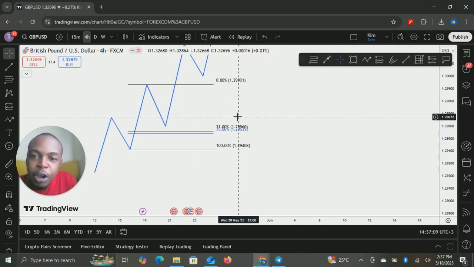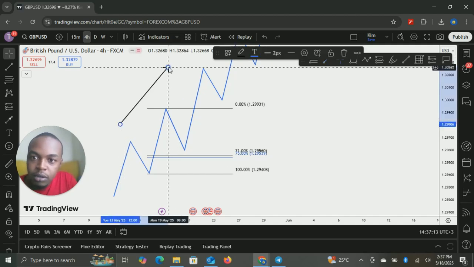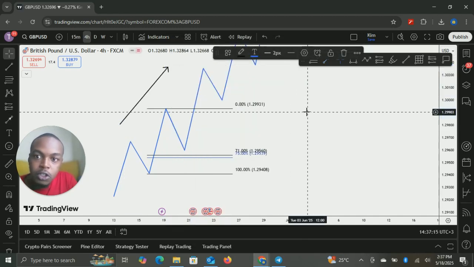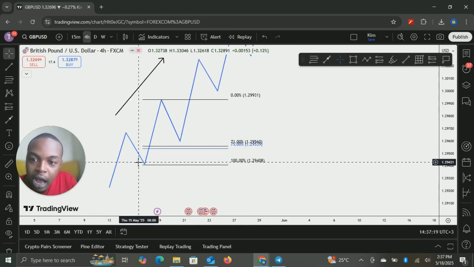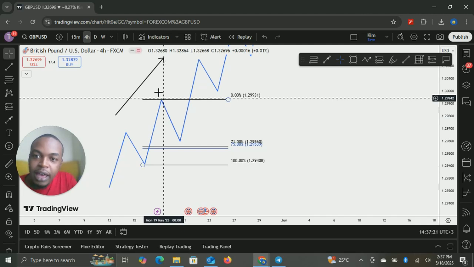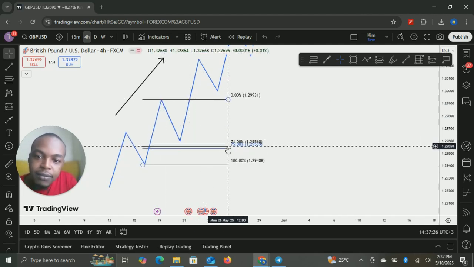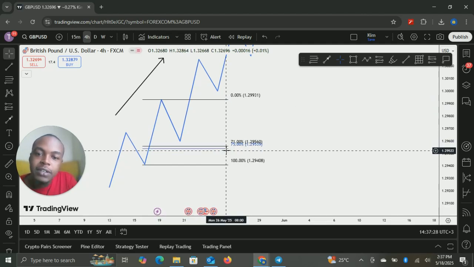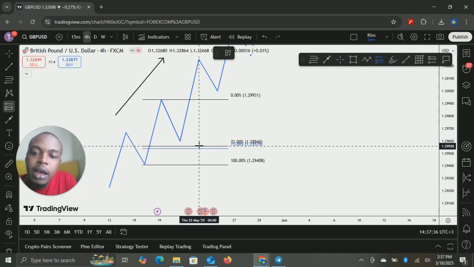If you are going on a bull trend, this is a bullish market. You enter the trade from the lower high to the higher high, and your entry will be somewhere at 71% or 75%. The reason why I use 71 and 75% is because of the risk to reward ratio.